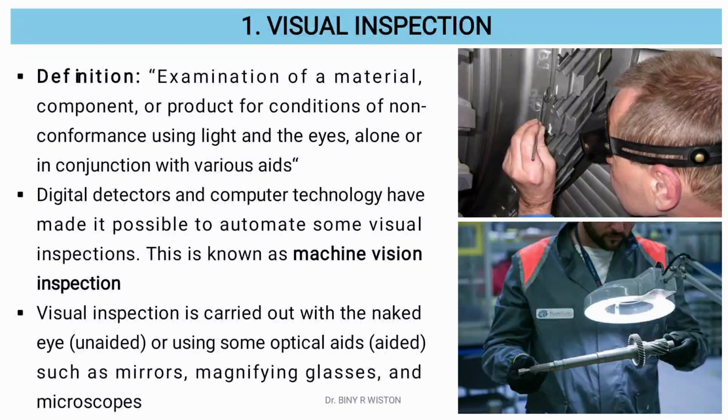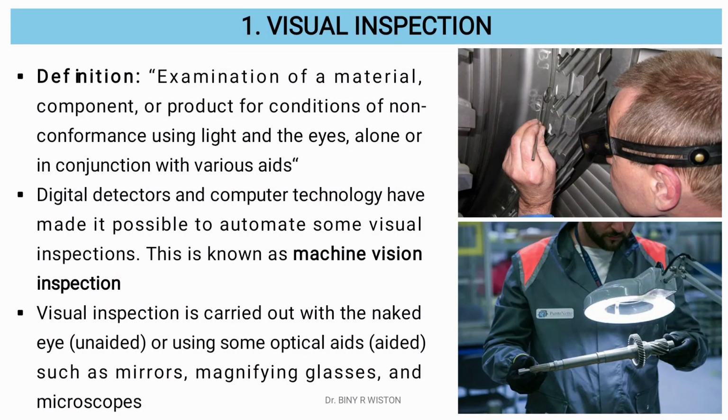Visual inspection is commonly defined as the examination of a material, component or product for conditions of non-conformance using light and eyes alone or in conjunction with various aids. Visual inspection often also involves shaking, listening, feeling and sometimes smelling the component being inspected.